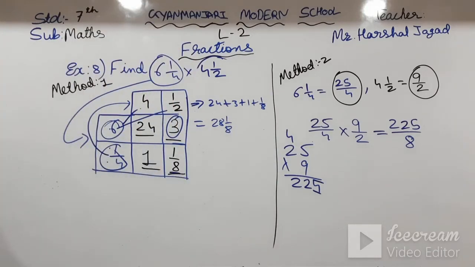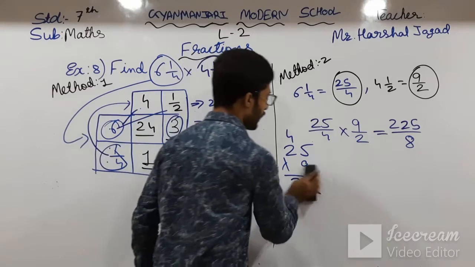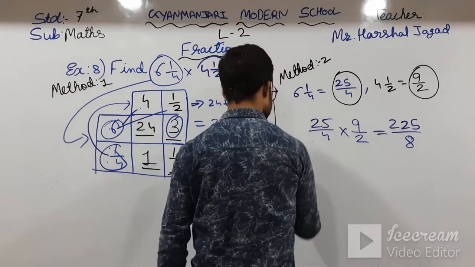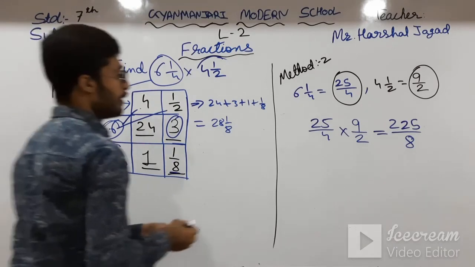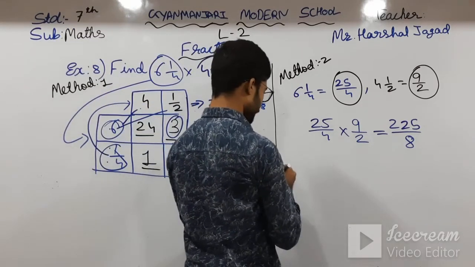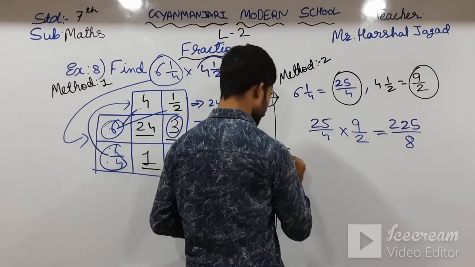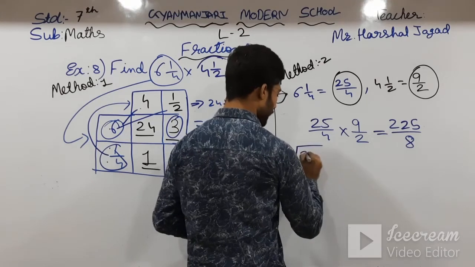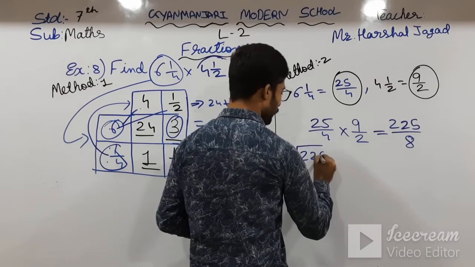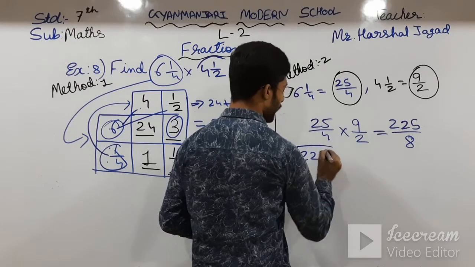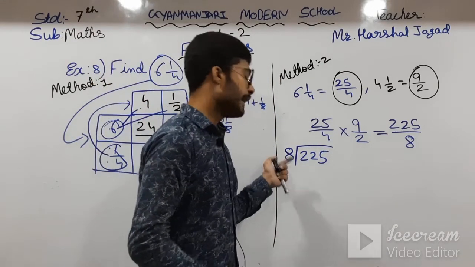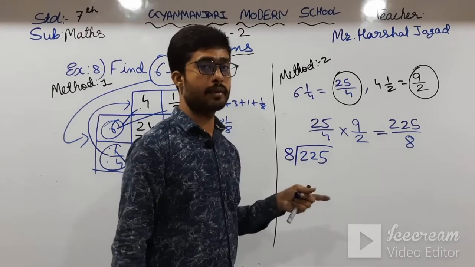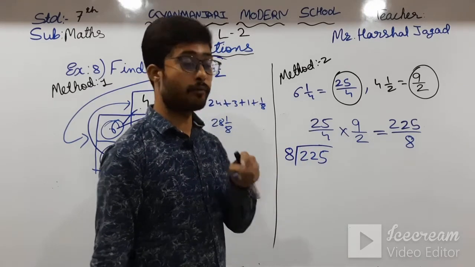So we will get the mixed fraction. 225 divided by 8. First of all we start with 8's table. 8 1s are 8, 8 2s are 16, 8 3s are 24.